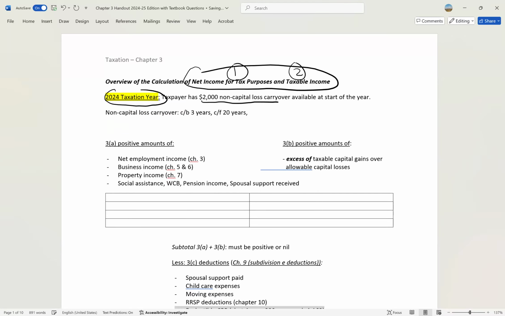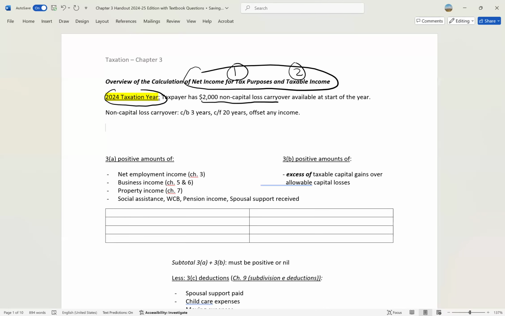And we can use it in those other years to offset any type of income. So this particular taxpayer has a $2,000 non-capital loss carryover that's available to them at the beginning of the 2024 year.